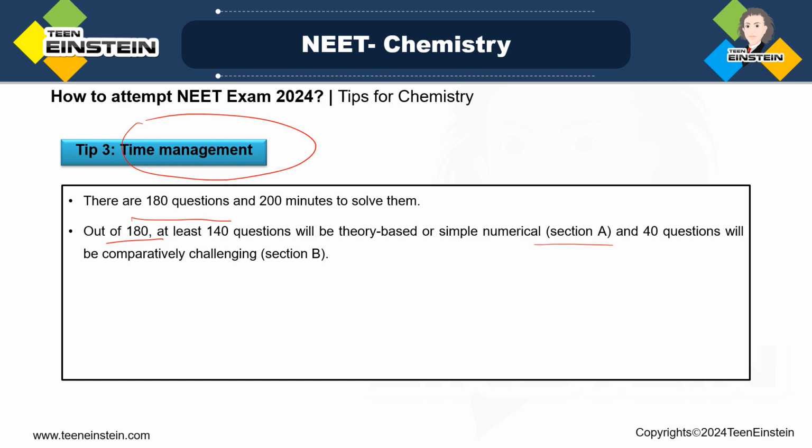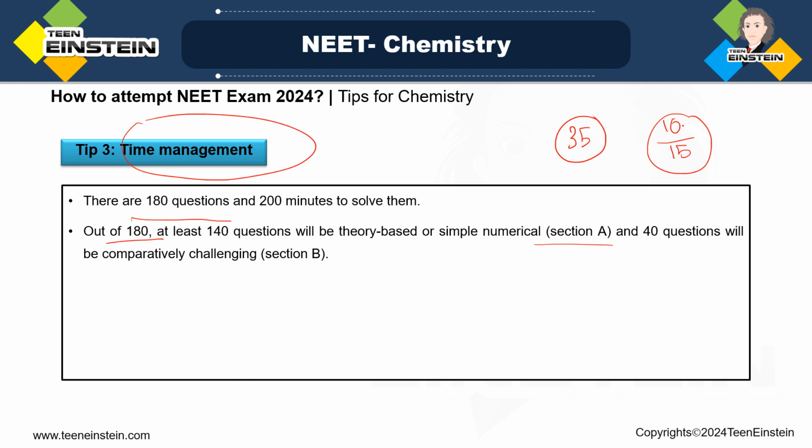You can divide it by 4, so remember it will be 35 from section A, plus 10 from section B. You have to do all 35 from section A, and out of 15 you just have to solve 10. So it is basically 45.